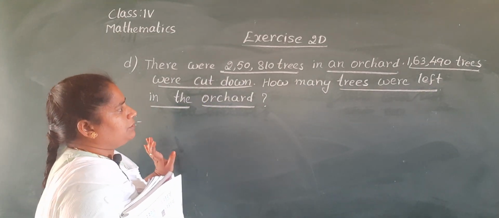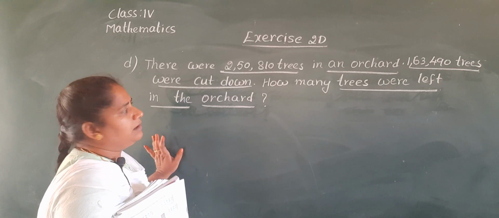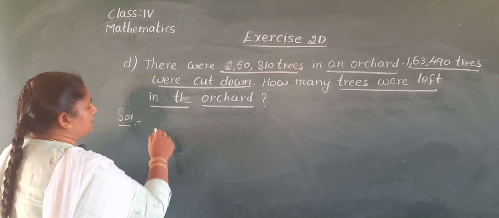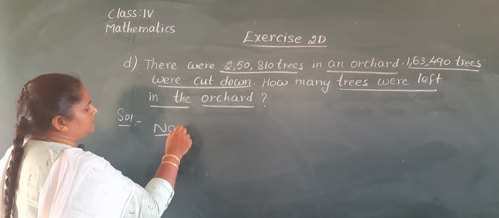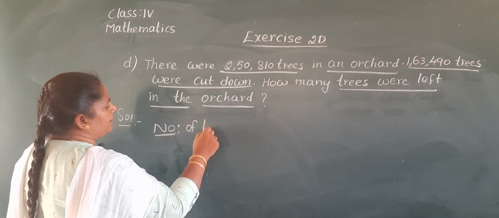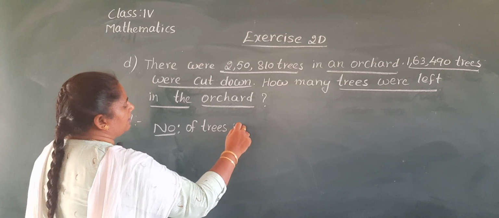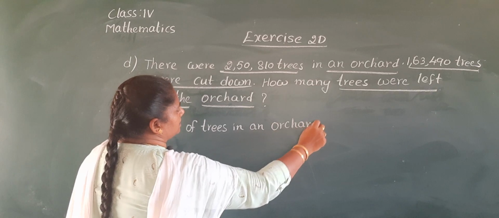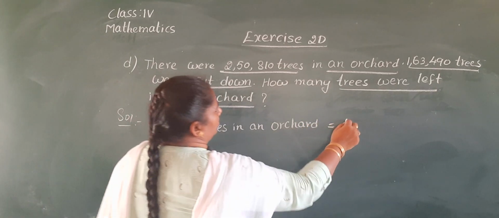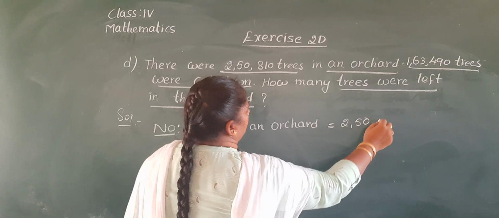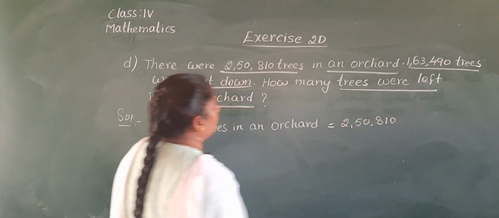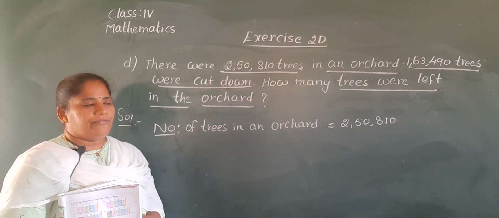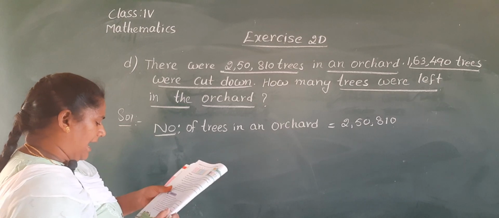Okay, ma? So, totally how many trees are there in first? Yes, 2,50,810 trees. So, first step, write down children in your classwork. Number of trees in an orchard equal to 2,50,810.